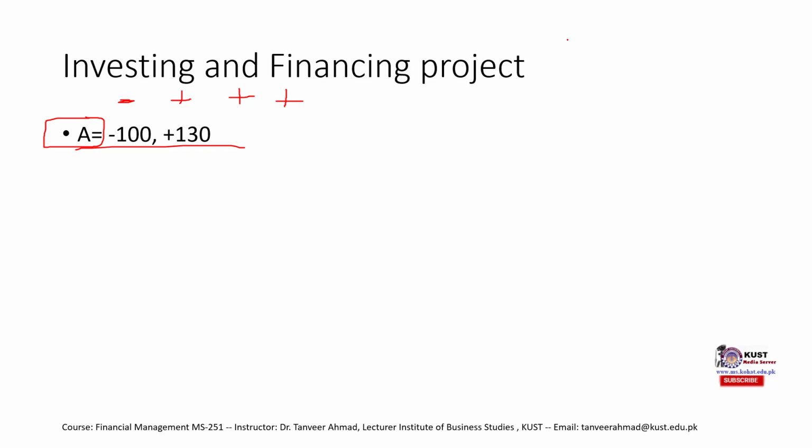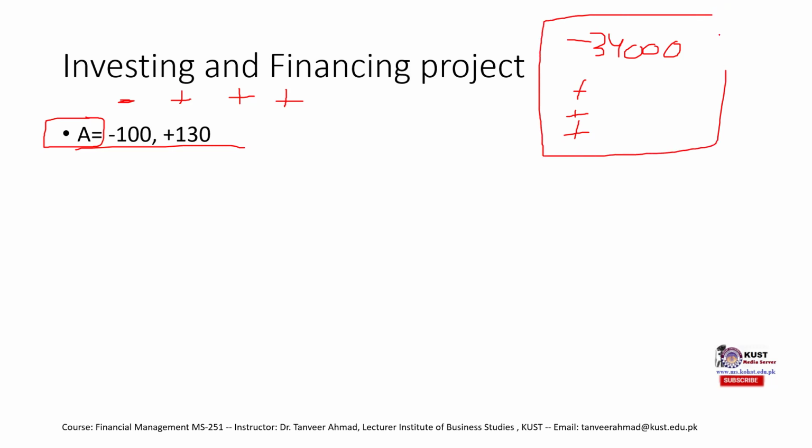Remember, in the last example, our cash outflow was minus 34,000, and then we had positive cash flow for 3 years. No matter what, if you go back to the lectures we have discussed, you would see that we always stuck to this kind of cash flow. First is negative and the rest is positive. So this is the project A kind of cash flow. There are multiple examples of this one.